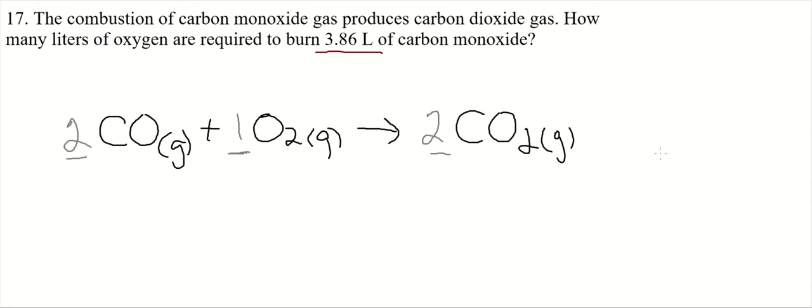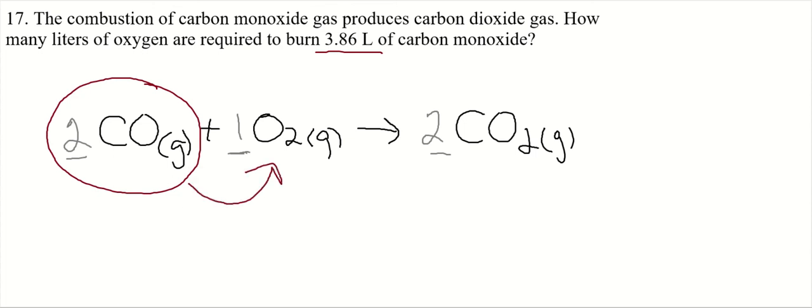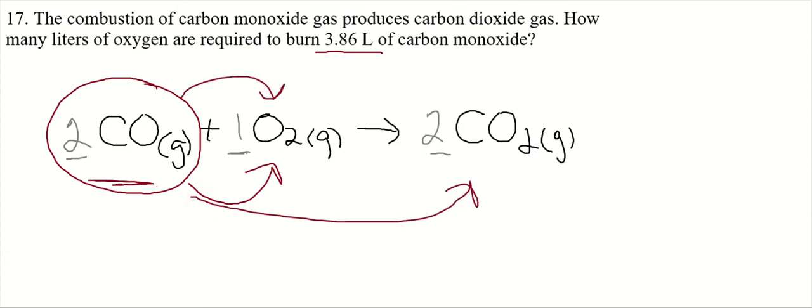If you recognize here by reading the passage, it's giving you information about carbon monoxide, and then it's asking you information about oxygen. That's characteristic of stoichiometry problems. They're going to give you information about one substance and ask you to find out information about another substance. In this case, oxygen.